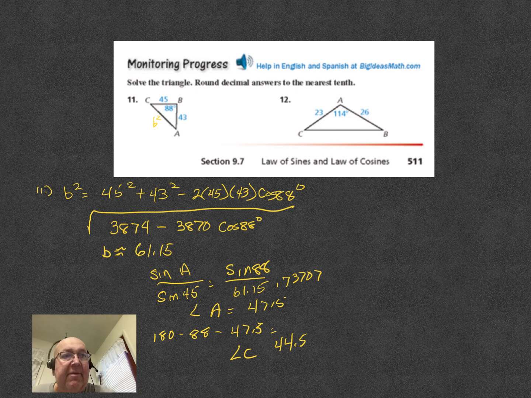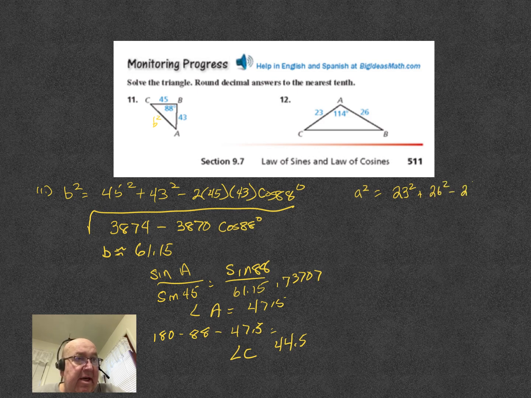Another example, same thing. We're going to be looking for A squared in this case. So A squared is going to be equal to 23 squared, which is B, plus 26 squared minus 2 times 23 times 26 times cosine 114.